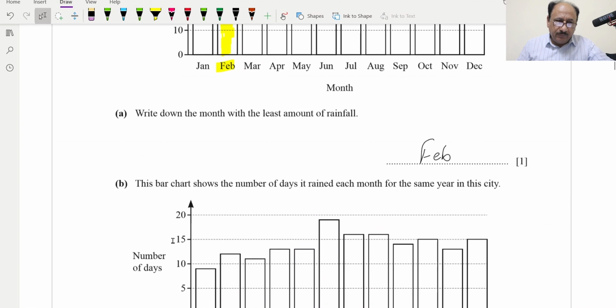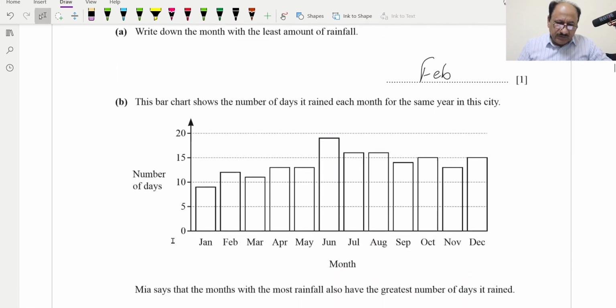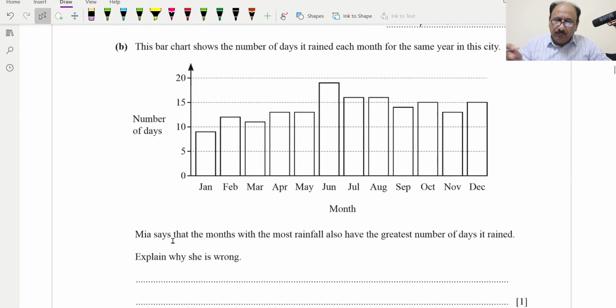Then for B part, it says this bar chart shows the number of days it rained each month for the same year in this city. This side is number of days and this side is months. They have provided Jan, Feb, March and up to December. Mia says that the months with the most rainfall also have the greatest number of days it rained.